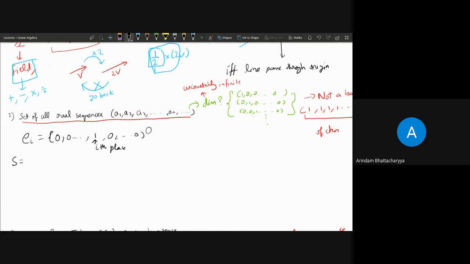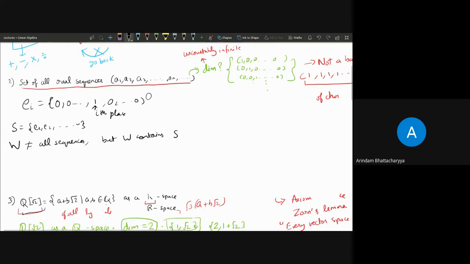Then we have S, which is e_1, e_2, and so on. Can you tell me a space W which is not all sequences, but W contains S?